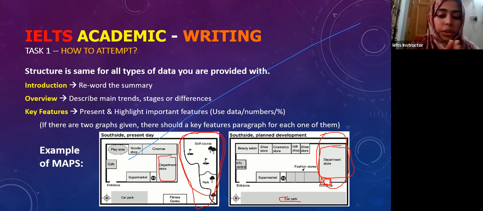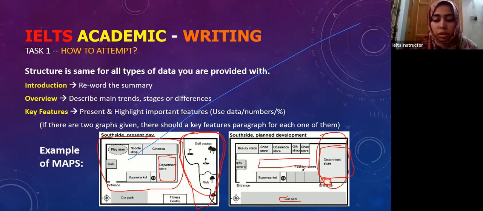For example, first write the paragraph for the present day of the south side. You can say that there was a lot of open area left. In the present day, there was a golf course and a park for kids, which was the most prominent change. And then you can say that there was a cinema as well that has been eliminated, because I cannot see any cinema in the future.